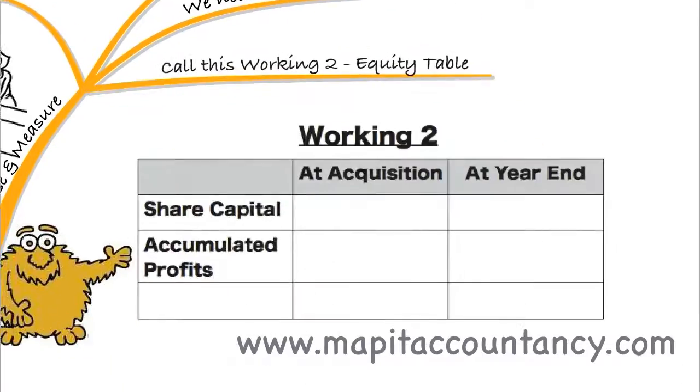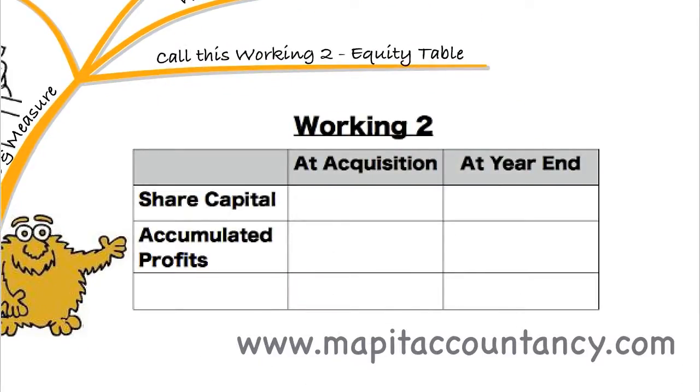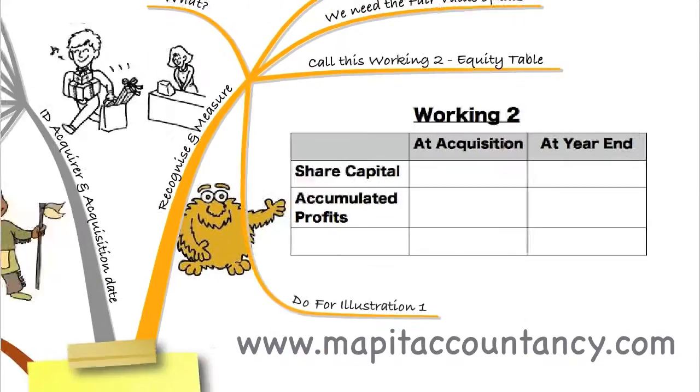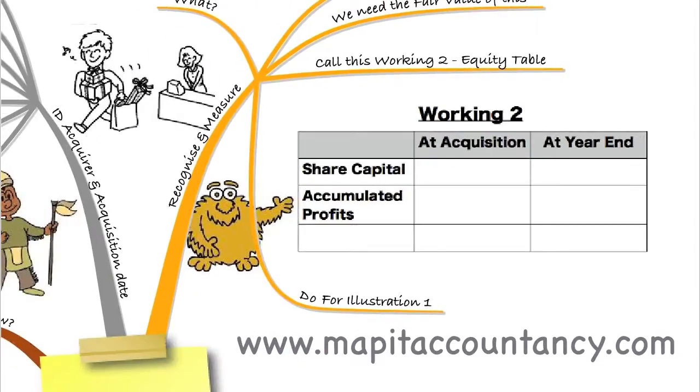So we're going to call that working 2, our equity table. Remember, it's a credit balance. So we'll have our working 2, which outlines our share capital and accumulated profits at acquisition, and our share capital and accumulated profits at the year end. And again, we did that for illustration 1.